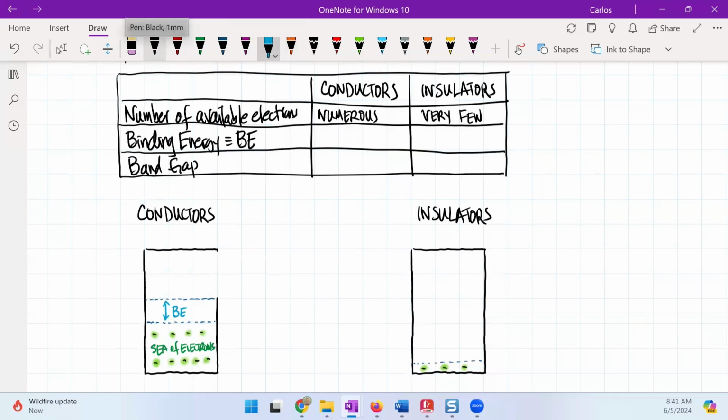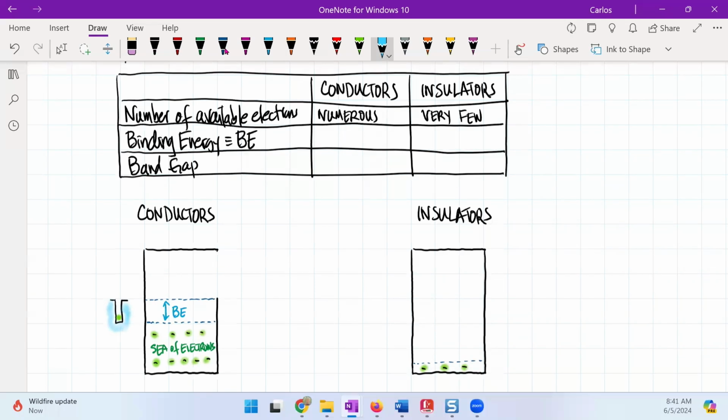So if I was to draw a well for this, this is how the electrons get trapped. And you can see here that this guy represents a relatively shallow well.